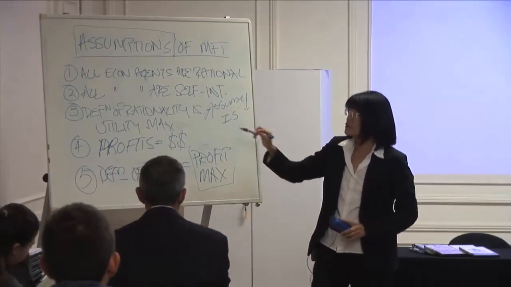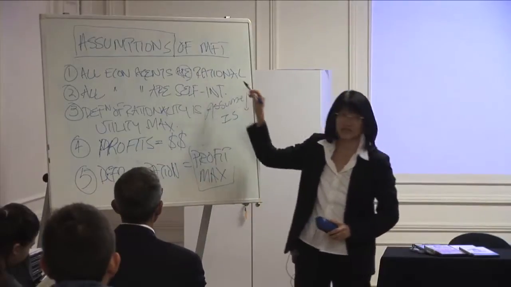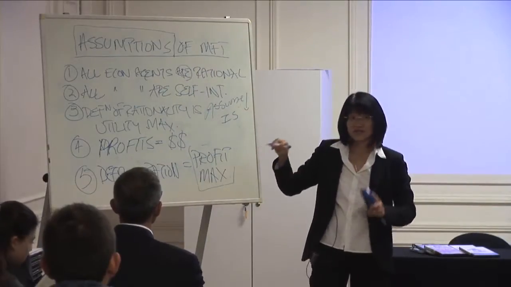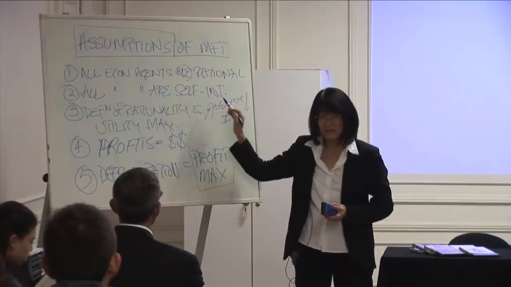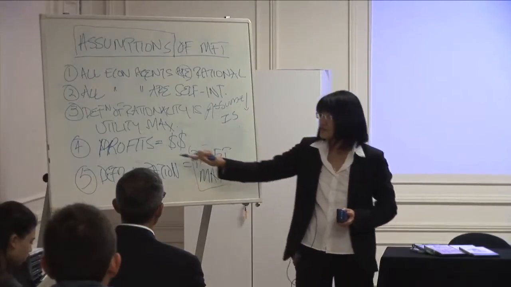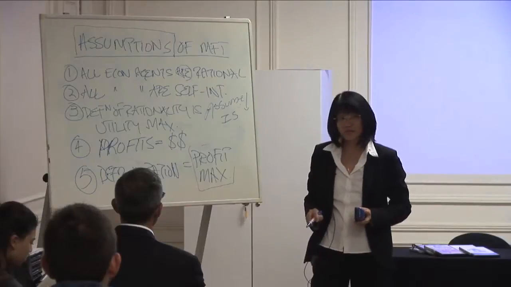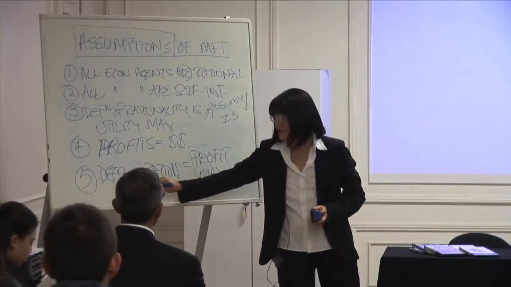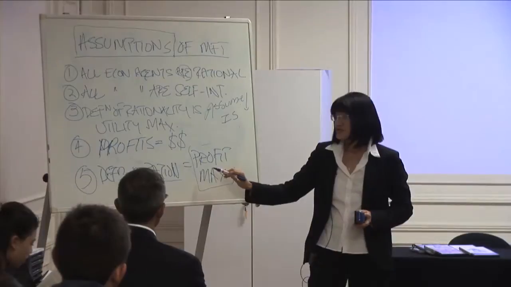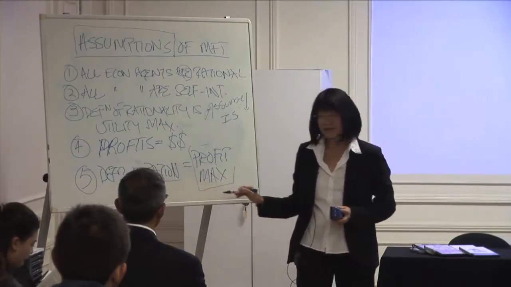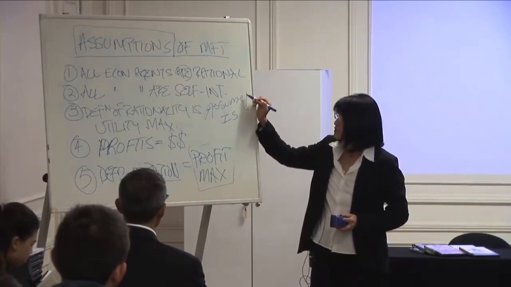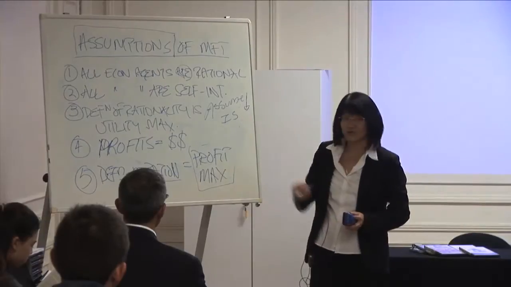All economic agents are rational. Not just assumed to be, they are self-interested. They do think profits are the most important thing. The definition of rationality, therefore, they do want to have profit maximization. So it went from assume to is.